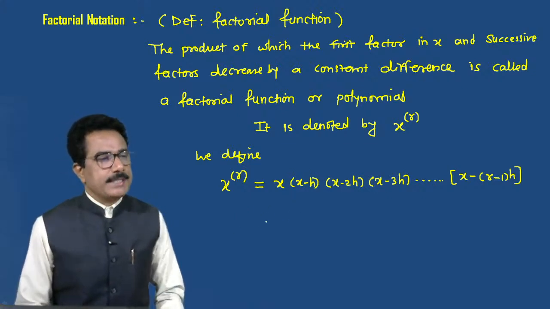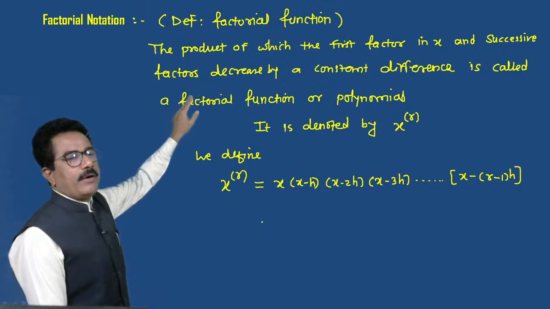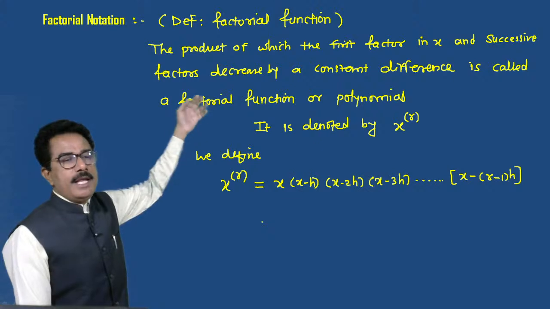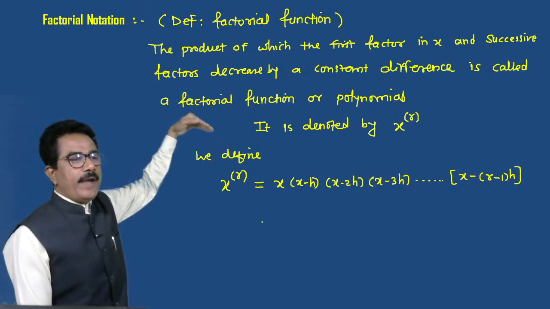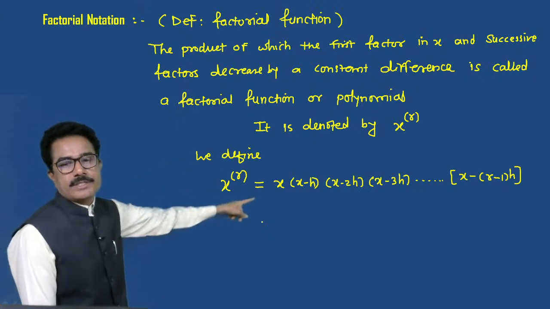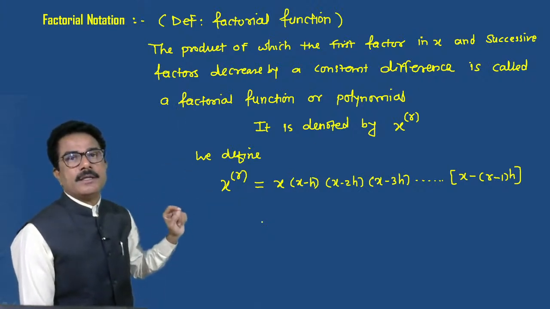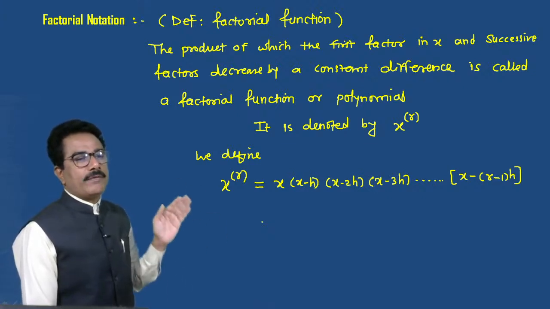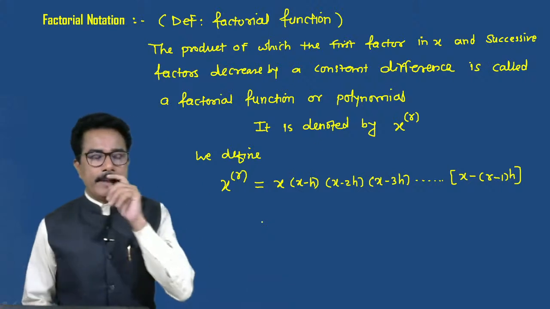Now note that the product of which the first factor is in x and successive factors decrease by the constant, here we have considered the constant h, is called a factorial function or polynomial.